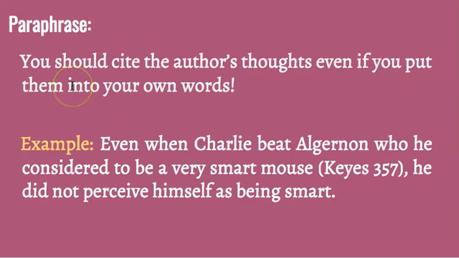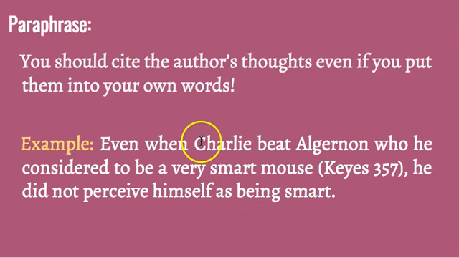Paraphrasing. Paraphrasing is when you put something in your own words, but you should still cite the author's thoughts, even if you do put them in your own words. So for example, this is from Flowers for Algernon: even when Charlie beat Algernon, who he considered to be a very smart mouse, Keys 357, he did not perceive himself as being smart.